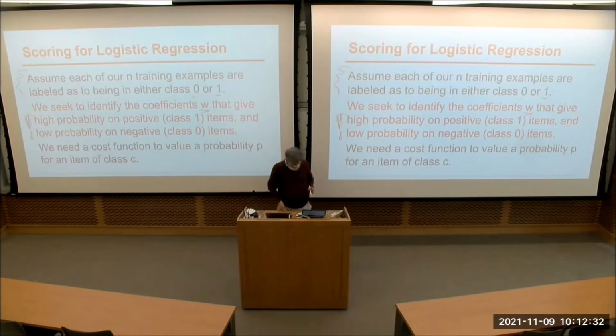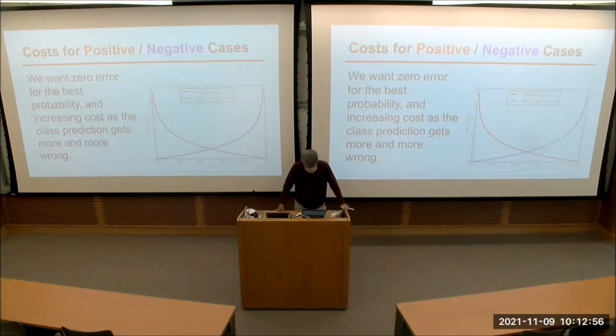Here, we're going to need a cost function that, for each of our training examples, comes up with a punishment, a cost, for our model giving a probability P to an item of a particular class. So what should that scoring function look like?